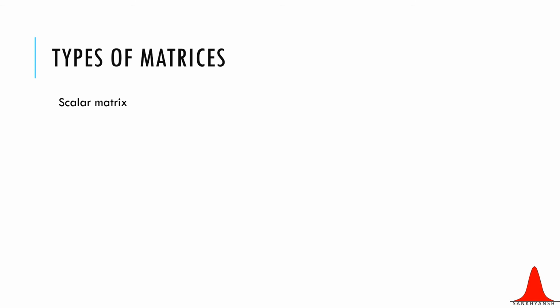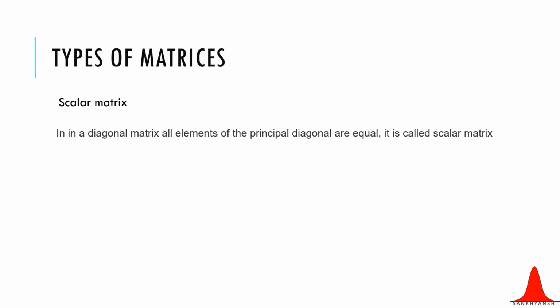Then scalar matrix. A scalar matrix is also a square matrix and it is a diagonal matrix where all elements of the principal diagonal are equal. So we call it a scalar matrix. Let's take this example. It is a special type of diagonal matrix.